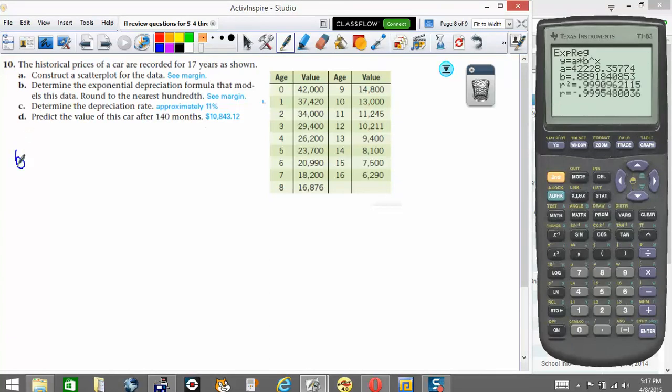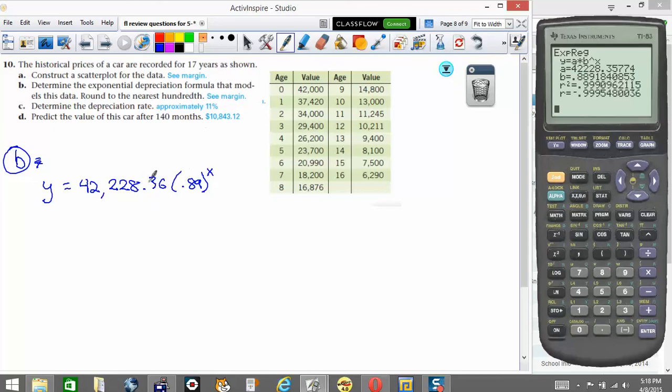So y equals 42,228 and 36 cents, that's being multiplied by 0.89, if I round that, to the x power.